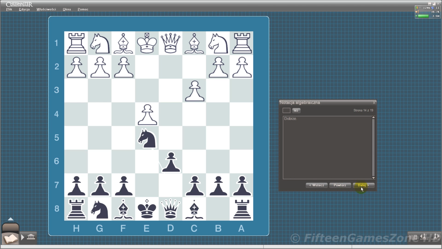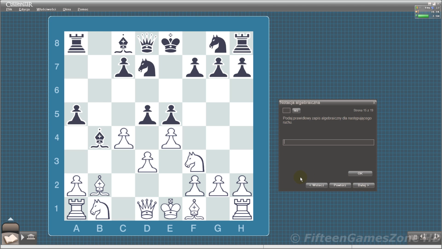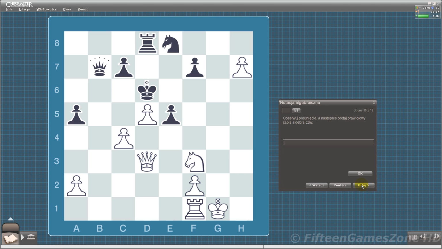Correct. Type in the correct algebraic notation for this move. Correct. Watch the move and then type in the correct algebraic notation.